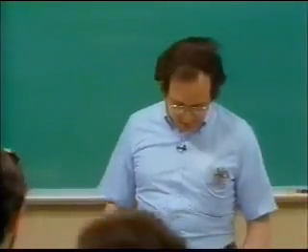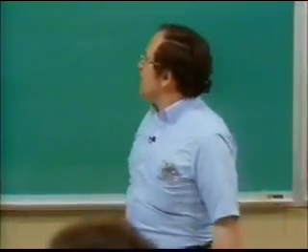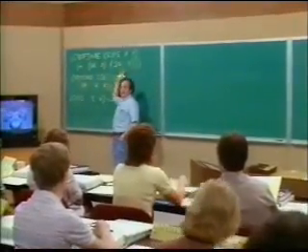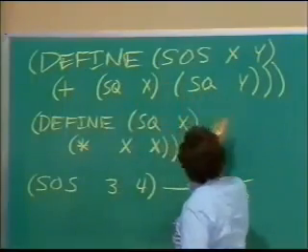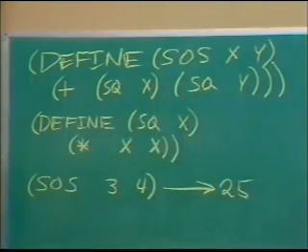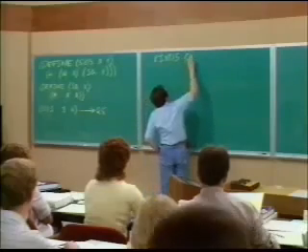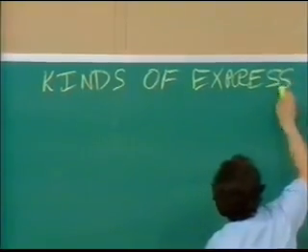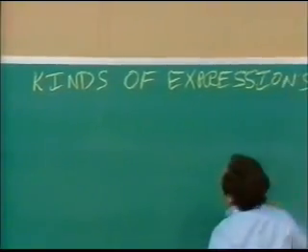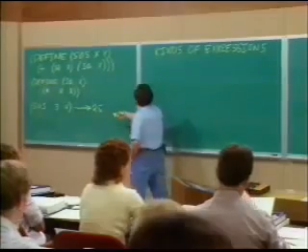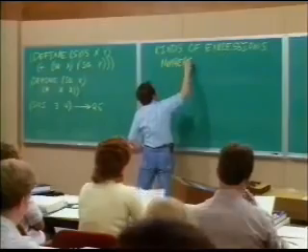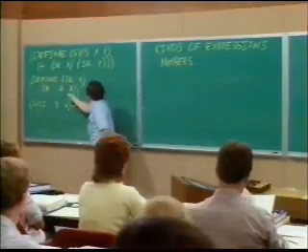Okay, well, the first thing, of course, is we say, what are the things we have here? We have some cryptic symbols. And these cryptic symbols are made out of pieces. They're kinds of expressions. So let's write down here the kinds of expressions there are. So far, I see things like numbers. I see things like symbols like that.